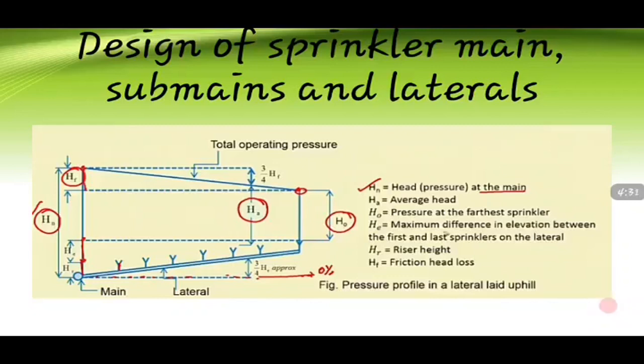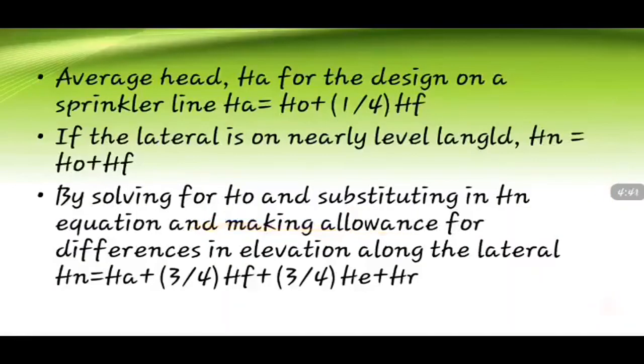So average head, HA, for the design of the sprinkler line, HA is equal to HO plus 1/4 HF.